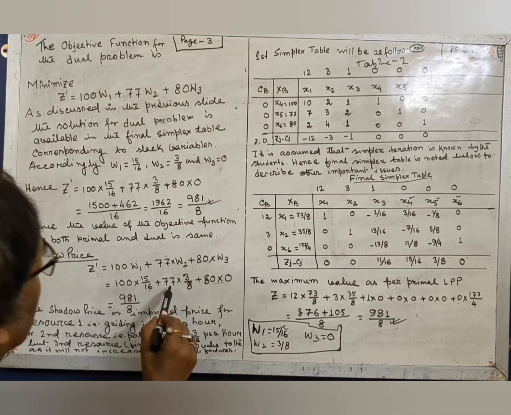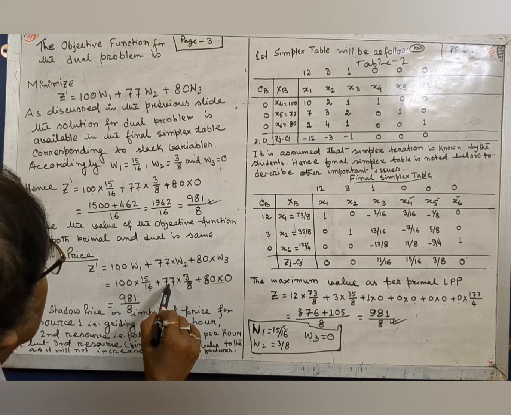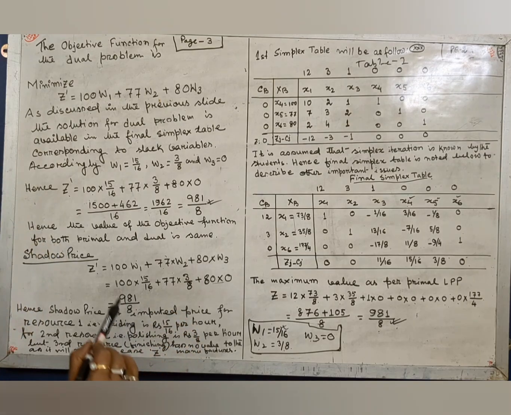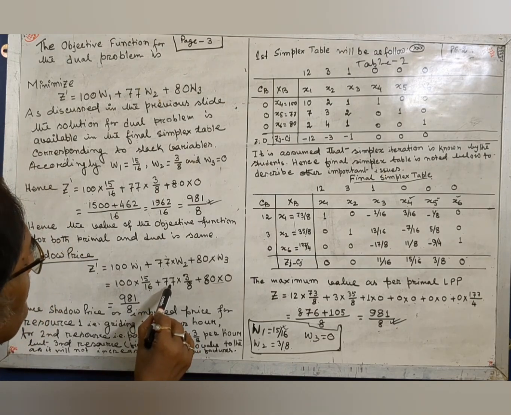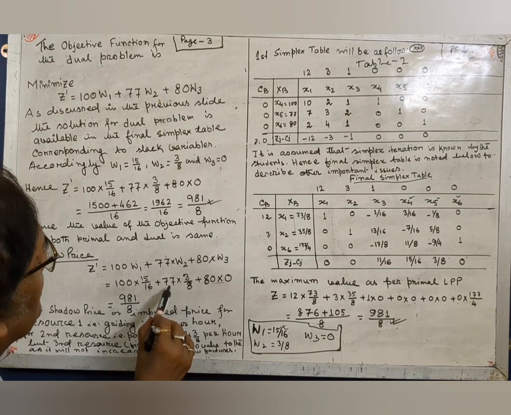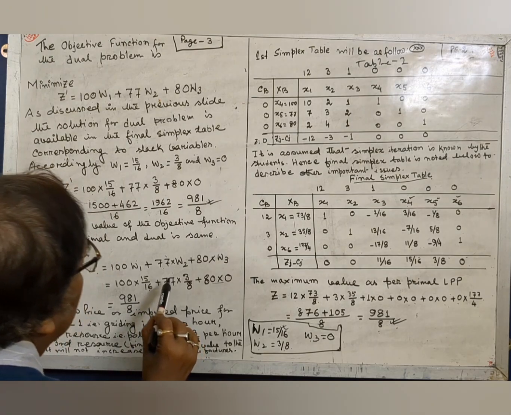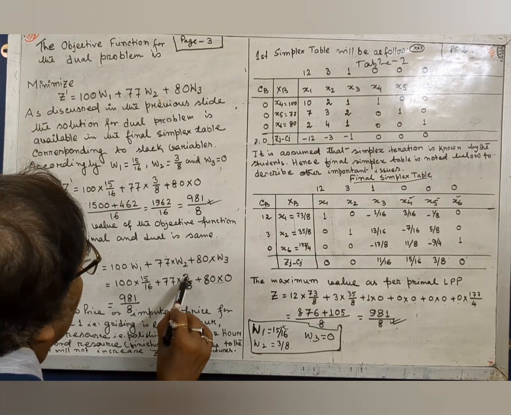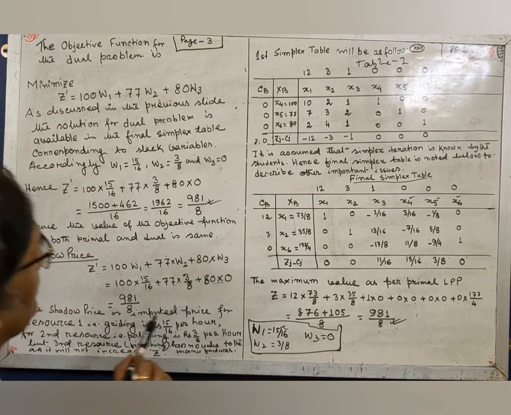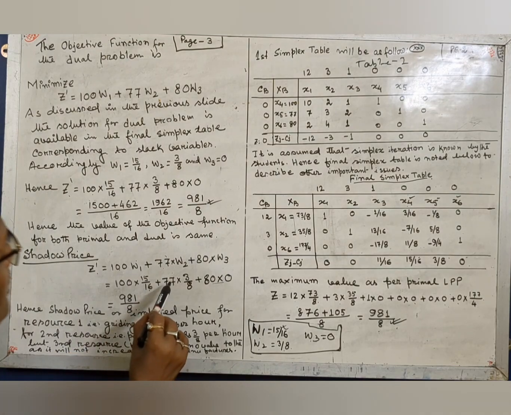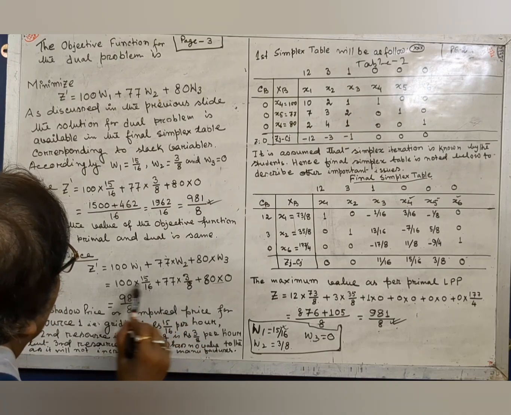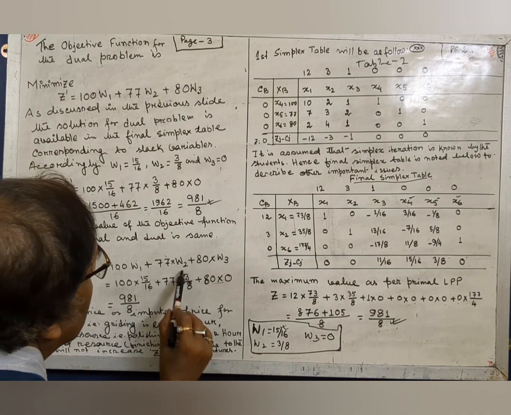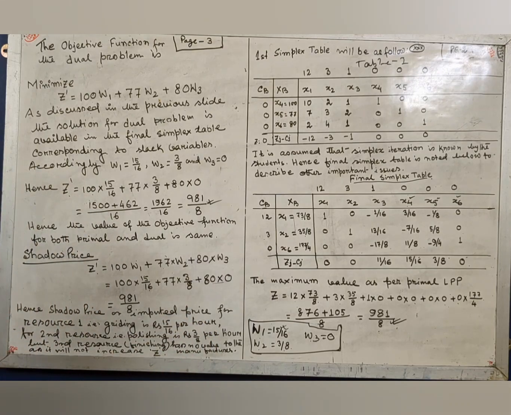For the second resource, 77 hours, that is polishing, I think. You check 77 hours. If 1 hour is increased for supply, then the manufacturer is ready to pay 3 by 8 rupees per hour, because if in place of 77 it is 78, the objective function value will be increased by 3 by 8.